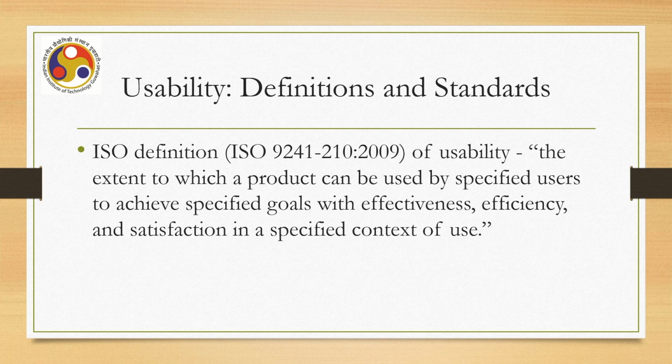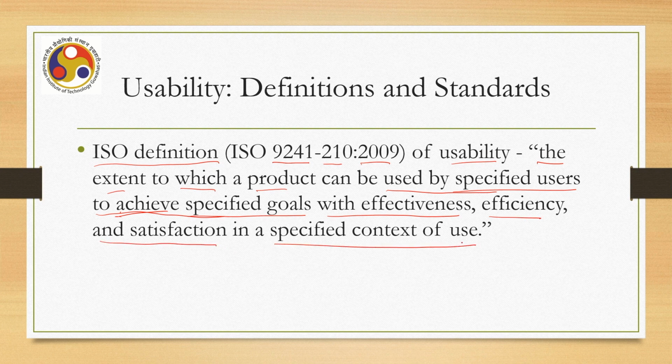Like before, let us go through the definition of usability. So, we will be following the ISO, International Standards Organization, definition. It is the ISO 9241-210:2009 standard definition of usability, which is the extent to which a product can be used by specified users to achieve specified goals, with effectiveness, efficiency and satisfaction in a specified context of use.